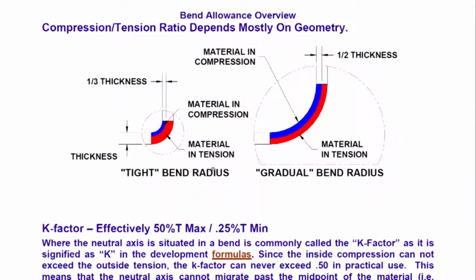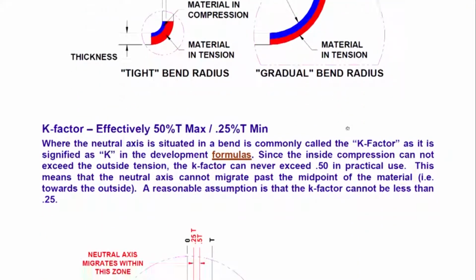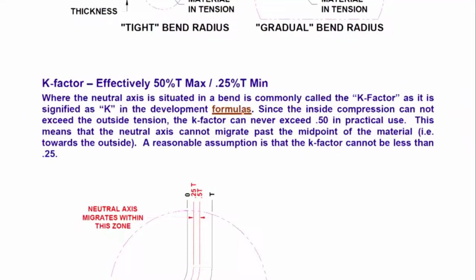Going back to this picture from sheetmetal.com, you have seen here, if it is a tight bend radius, the neutral axis seems to be about 1/3, and if it is a large or gradual bend radius, it exactly forms the geometric middle. Effectively, we have this issue where the neutral axis situation in a bend is commonly called the K factor.